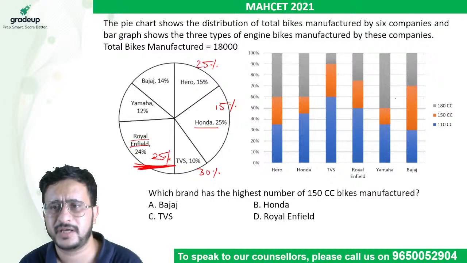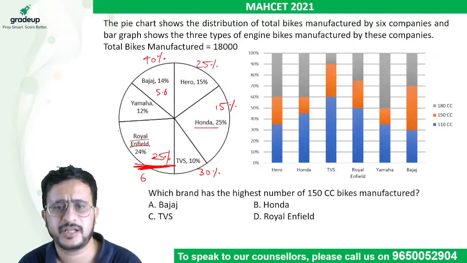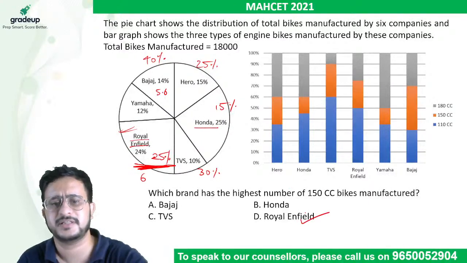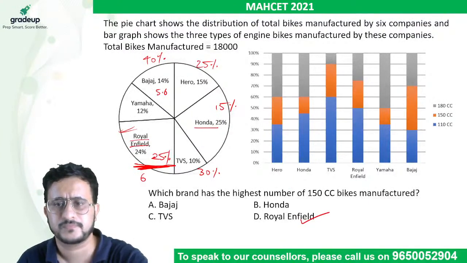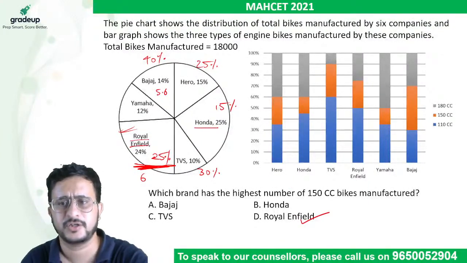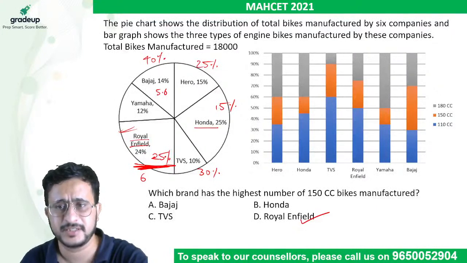Yamaha and Bajaj, small values, right? Bajaj also there is 40%. Okay, 40% of this will be 5.6. Okay, and this will be 6. So Royal Enfield clearly is the winner in this. Okay, it is Royal Enfield. Okay, see, Bajaj has 40%, right?